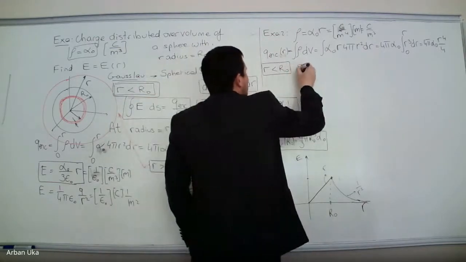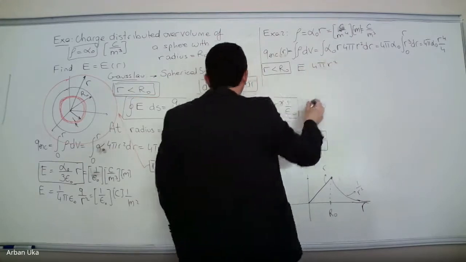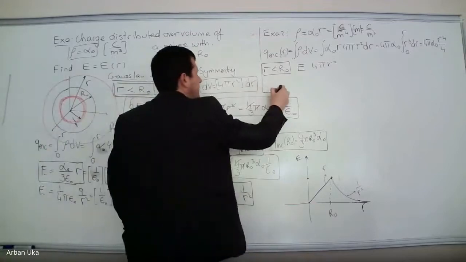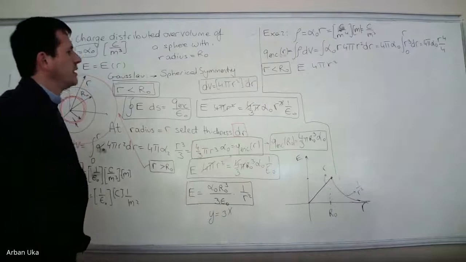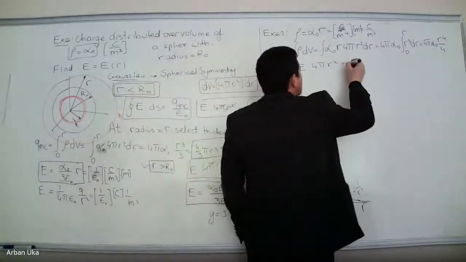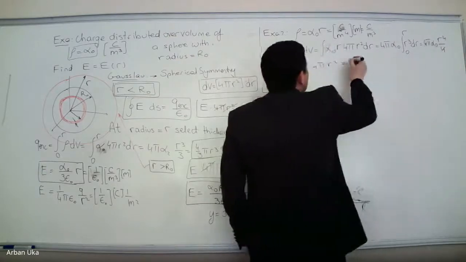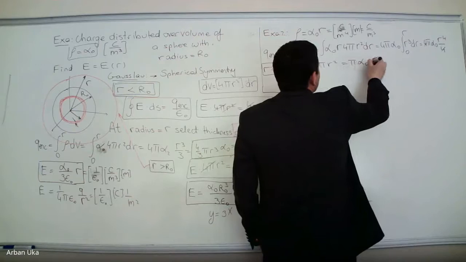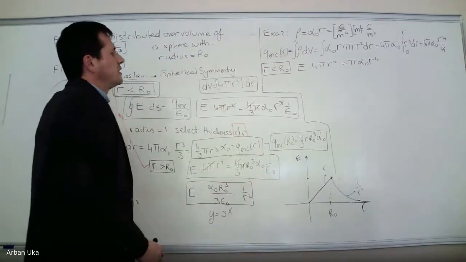the Gauss law reads the following: E times 4 pi r squared, an expression which is like this. This will be equal to the Q enclosed. So the Q enclosed is this, the 4 we cancel out to get pi alpha 0 r to the power 4 divided by epsilon 0.